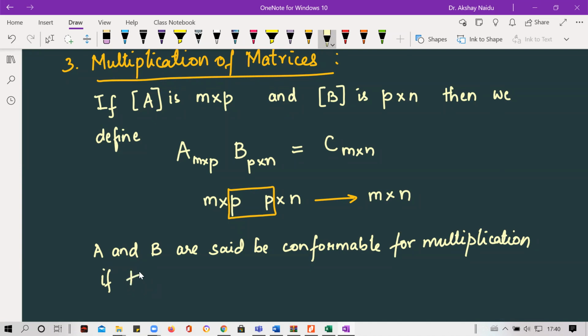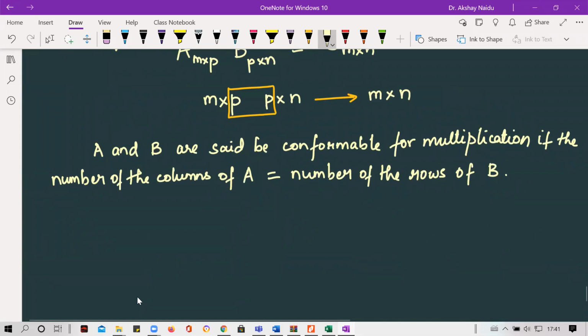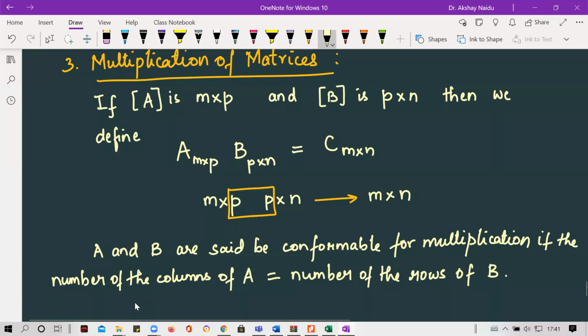Yes. If the number of columns of A is equal to the number of rows of B. That too for A into B, not for B into A. This is for A into B. Okay, this is conformability of multiplication.